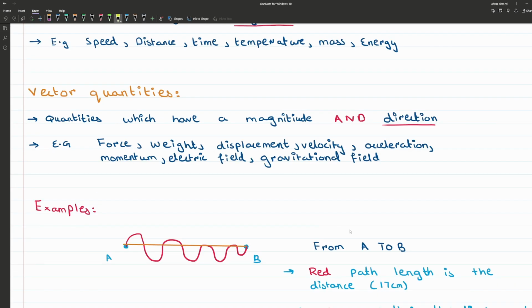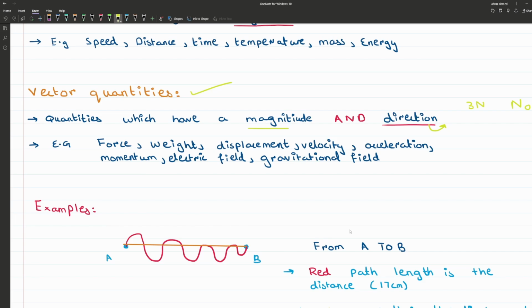Now if we talk about vector quantities, these are the quantities which have magnitude and direction. Direction indicates which way the quantity is acting. For example, force: we can say that there is a force of 3 newtons, but we also tell that this 3 newton force is acting in, for example, the north direction.